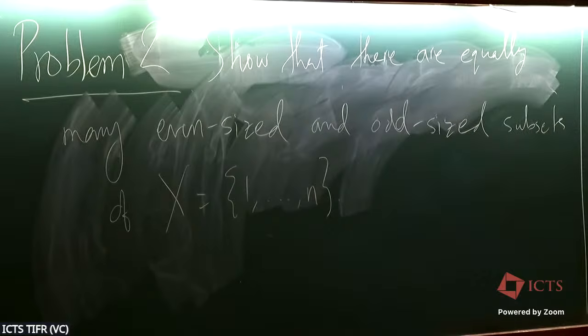First of all, is this true? Some of you are sure of it, some of you may be still thinking about it. The empty set has size 0, and 0 is even. Yes. Well, what happens if n is 0? Then X is of course the empty set.